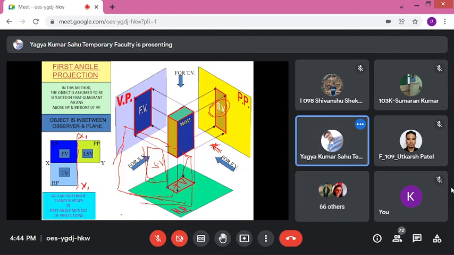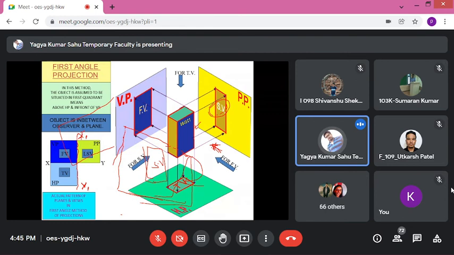If you have placed another profile plane on the left hand side of the object, you will get another side view. But this is not the left hand side view. This is the right hand side view of this particular face. If you rotate this away from the object by 90 degrees, it will come like this here.